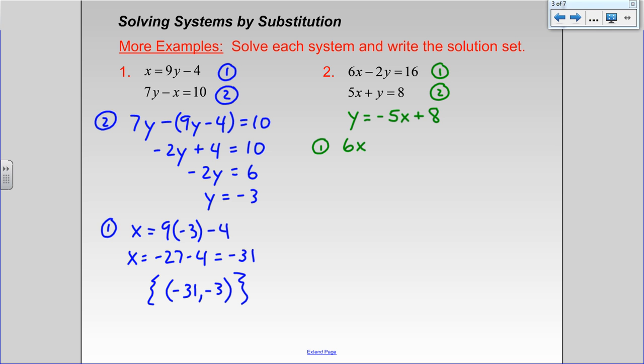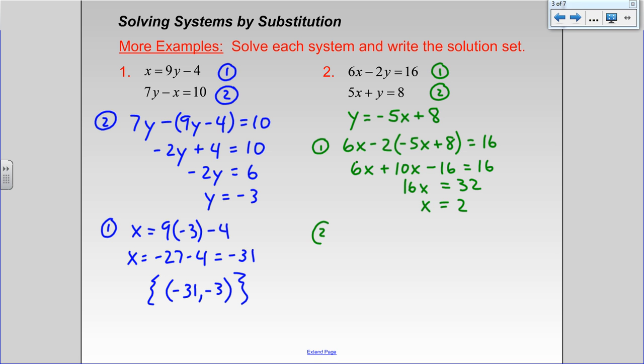So 6x minus 2 times the quantity negative 5x plus 8 equals 16. And we'll solve this equation for x, to obtain x equals 2.